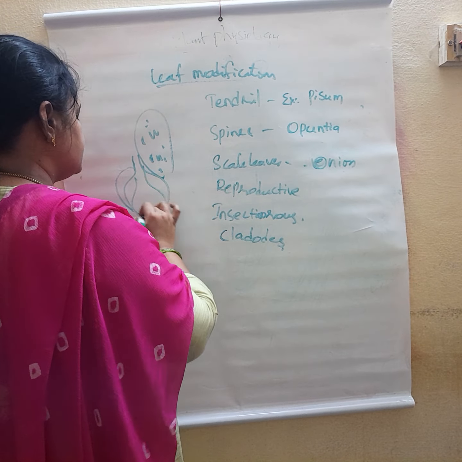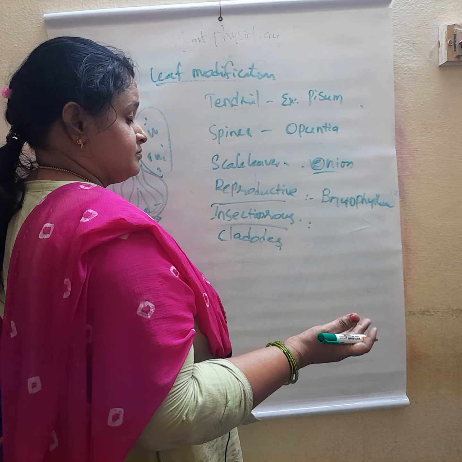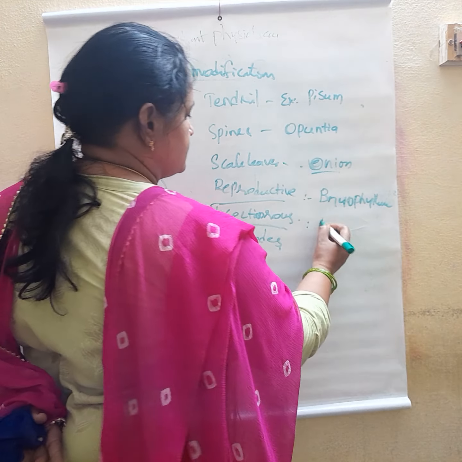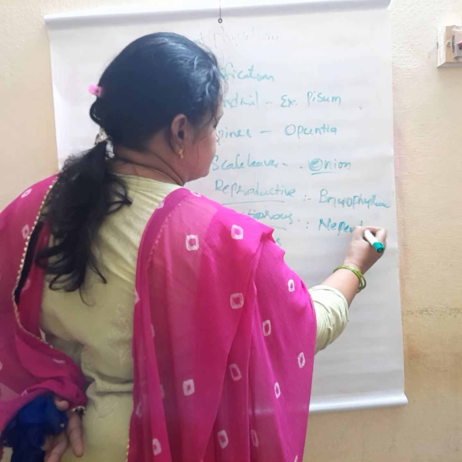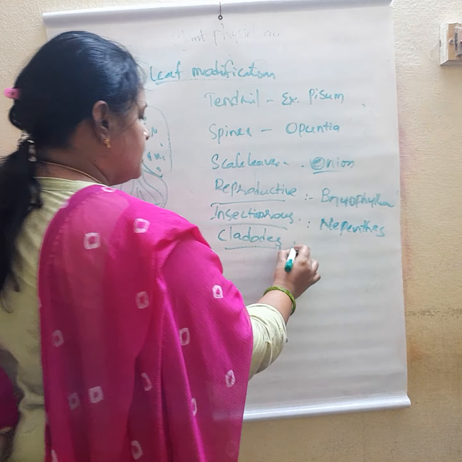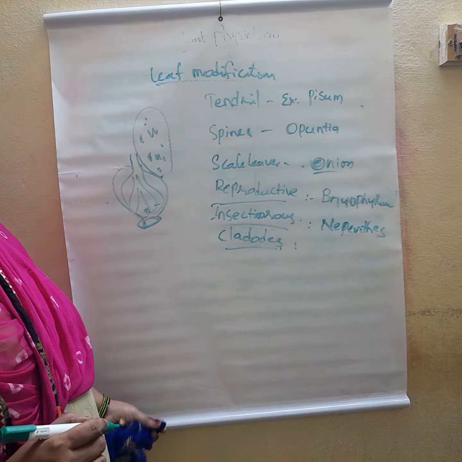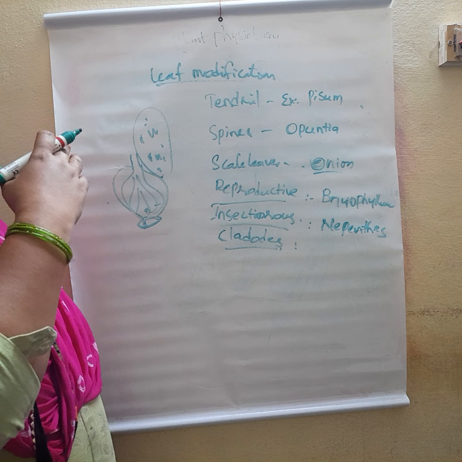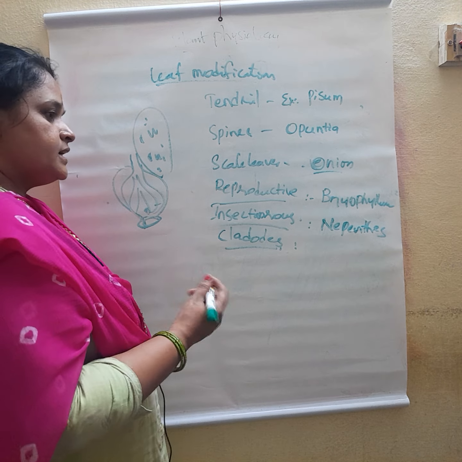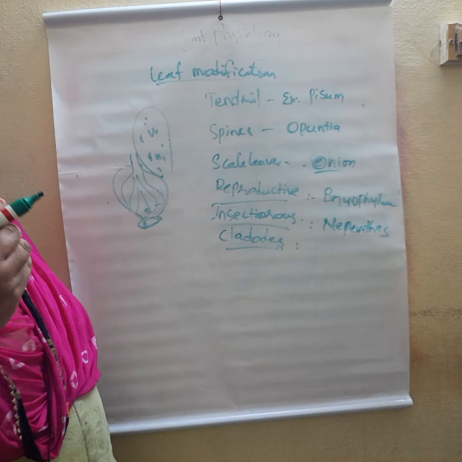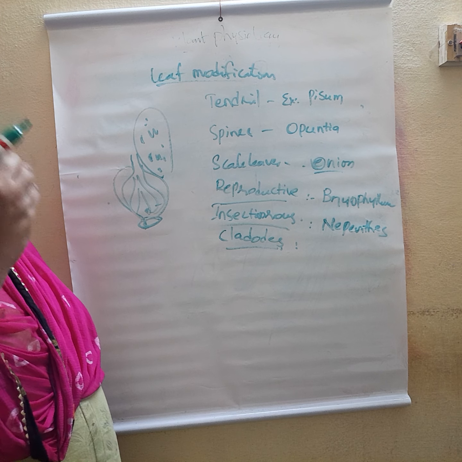Right. Next, insectivorous leaves. Example is Nepenthes. Cladodes. Cladodes means here also the leaves are very much reduced to small flattened structures.